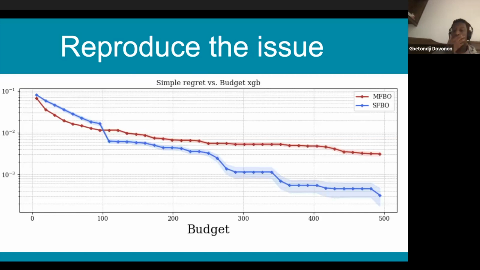So that's basically the issue we decided to highlight in our workshop paper: that multi-fidelity methods, though they perform well in the low budget setting, might have issues in the long run.